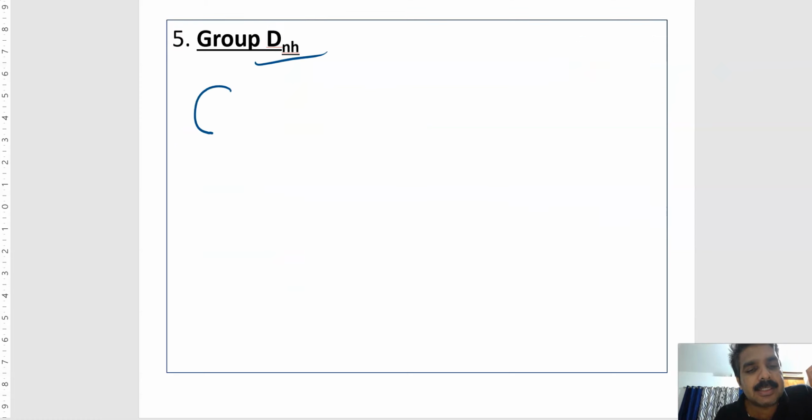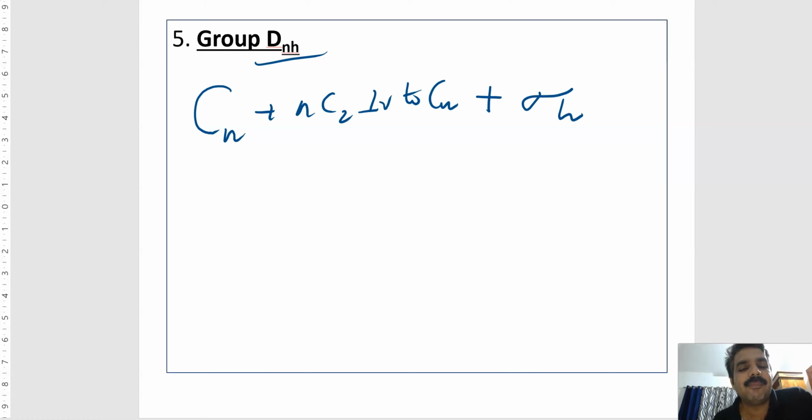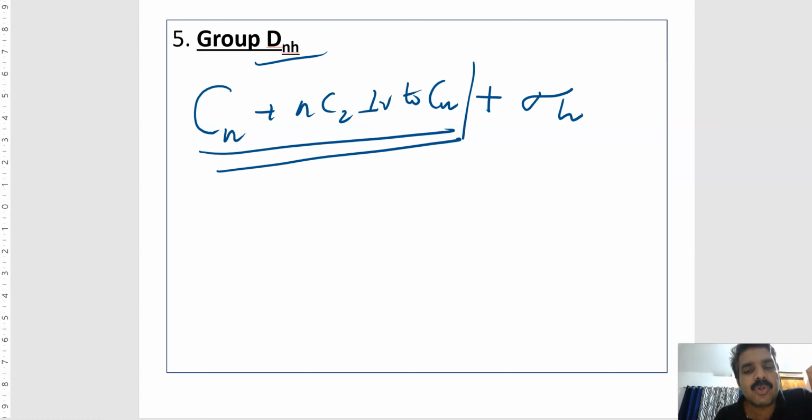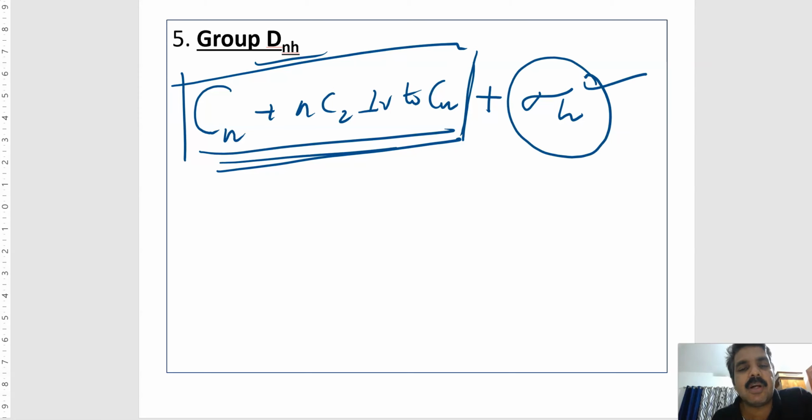And next is Dnh. Dnh means Cn plus nC2 perpendicular to Cn, that belongs to the D category, and plus there is a sigma h plane. In addition to Dn, if there is a sigma h plane, that belongs to the Dnh point group.